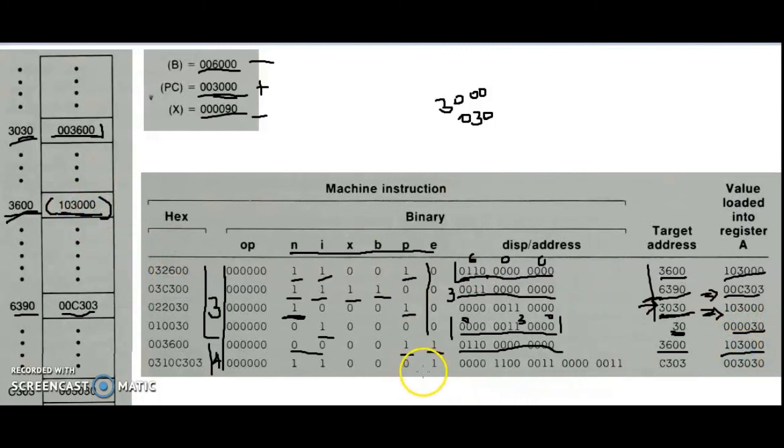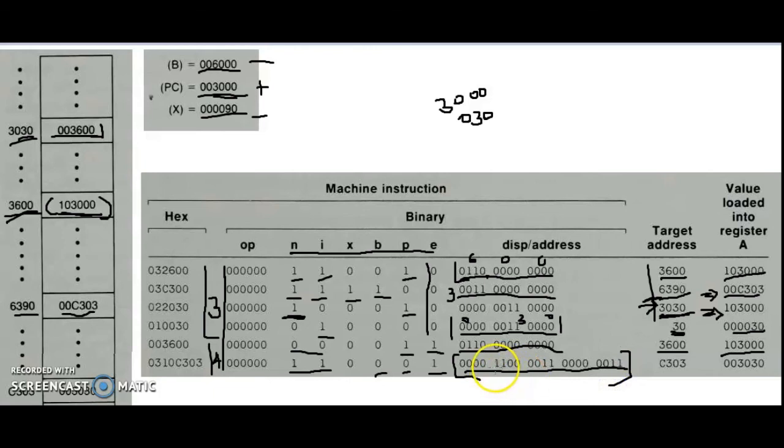In the next example, format 4 is equal to 1 and simple addressing mode is used. N is equal to 1, I is equal to 1, and here the 20 bit field is filled with some value that will be the address. PC is not enabled, base is not enabled, nothing is enabled, which means the address is there in the operand itself.